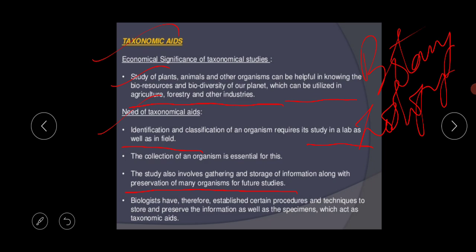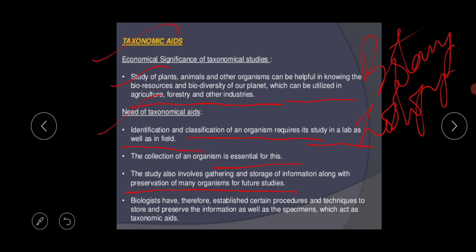I am repeating again, what are the needs of taxonomic aids? The first one is the identification and classification of an organism, which requires study in a lab as well as in the field. Next, the collection of an organism is essential for this.